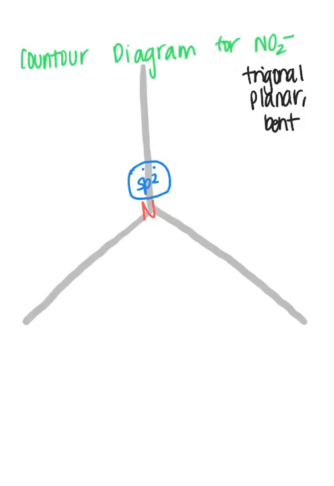Now for the first oxygen, same thing, sp2, and this one is gonna be for the one with just one bond. So we're gonna write the p orbital, which is like an infinity sign.